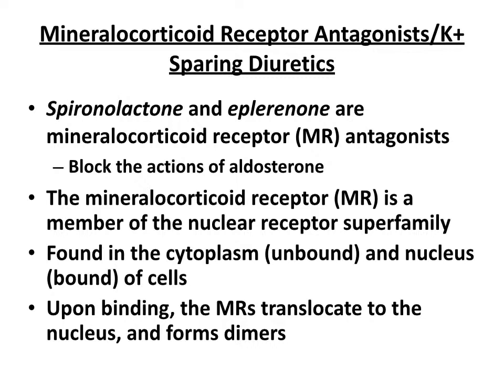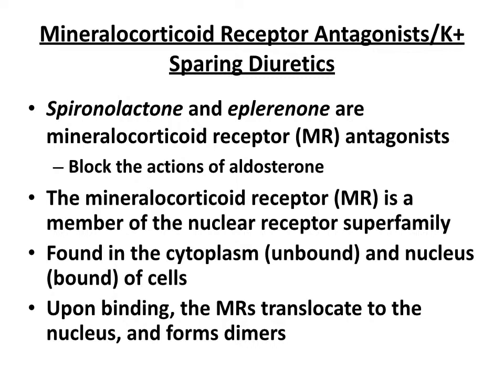Mineralocorticoid receptor antagonists. You guys remember mineralocorticoid receptors? I see a few blank faces out there, but these are nuclear receptors, related of course to glucocorticoid receptors. They are found unbound, floating around in the cytoplasm of cells, particularly in the kidney.